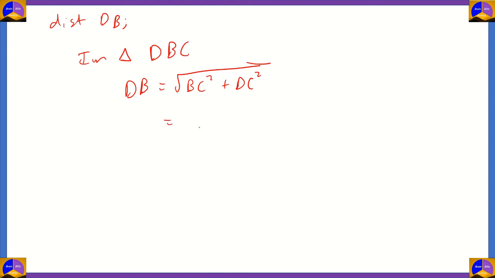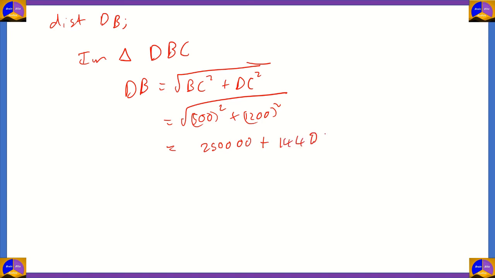So BC is 500, so that's 500 square plus 1200 square. 500 square gives you 250,000. 1200 square gives you 1,440,000. All of that under a root.